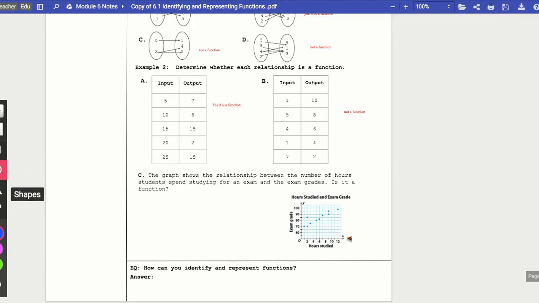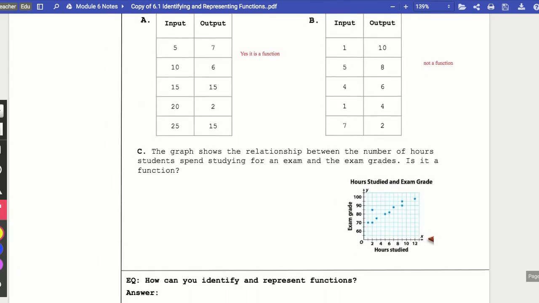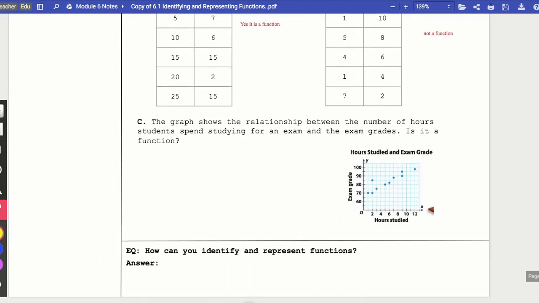So let me show you what I mean by that. I'm going to use this vertical line. I'm going to make it yellow. Let's zoom in so you can actually see what we're doing. I'm going to see if it's a function. Well, if I draw a vertical line here, it only goes through 1 point, so that works. But notice here, if I draw a vertical line, it goes through 2 points. And vertical is straight up and down.